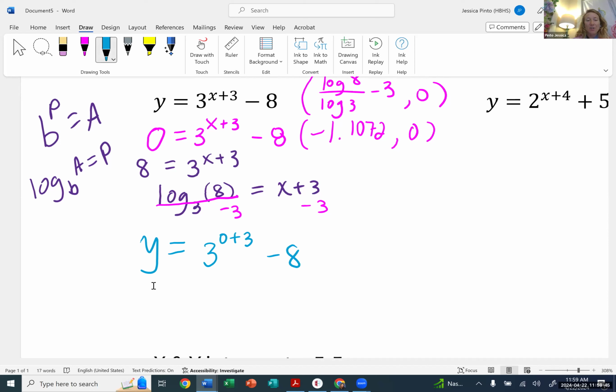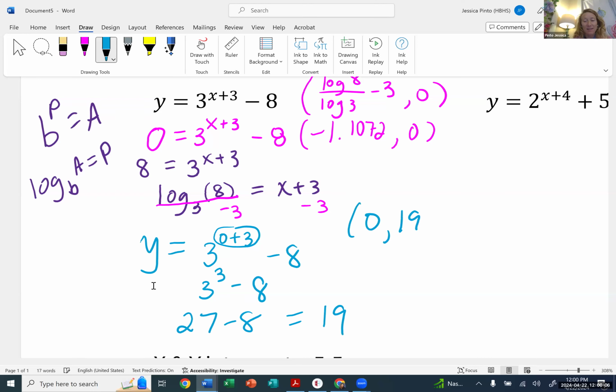So you can see that I'm just going to simplify this to get 3 to the third power minus 8. I just started thinking of the answer and writing that down. I can see why we could make mistakes. So 3 to the third power, that's 27 minus 8. I'm getting 19. And I've got the answer 0 comma 19.